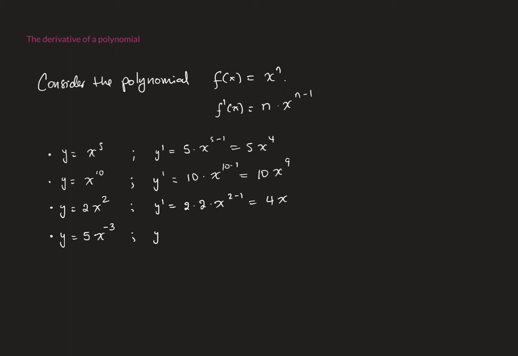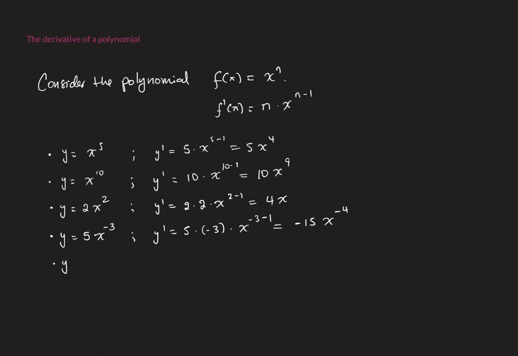The derivative for this function is going to be 5 times the exponent, minus 3, times x to the power of minus 3 minus 1. In this case, 5 times minus 3 would be minus 15, so there is a change in sign in the coefficient, but also minus 3 minus 1 is minus 4, so you need to be careful to add those numbers correctly.